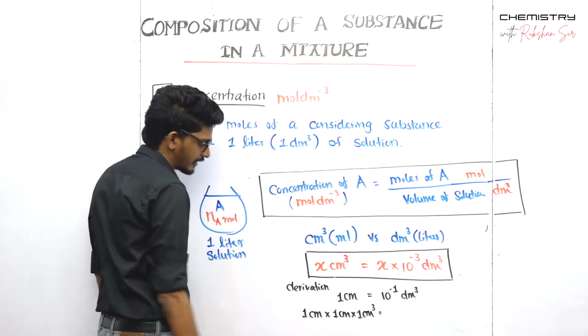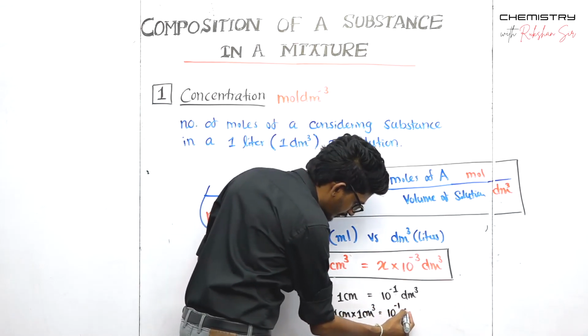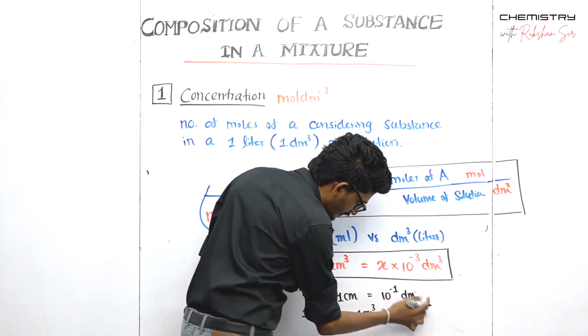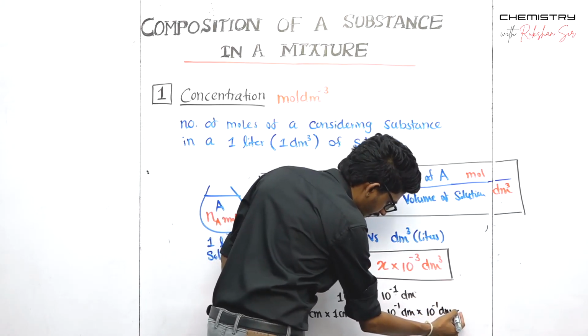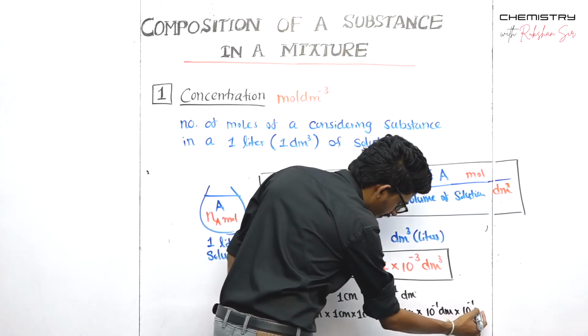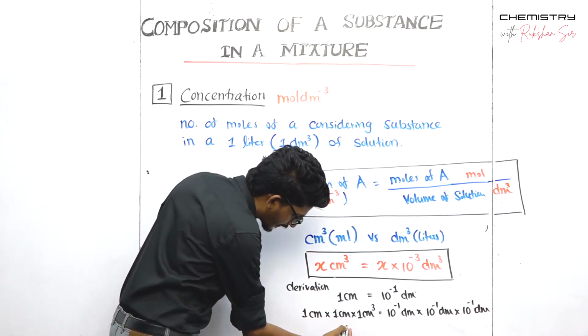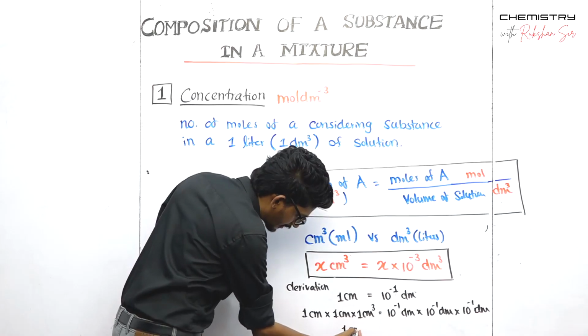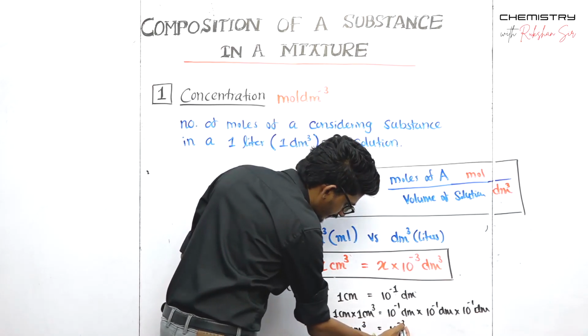So we write it as 10 to the power minus 1 decimeters into 10 to the power minus 1 decimeters into 10 to the power minus 1 decimeters. This gives 1 centimeter cube equal to 10 to the power minus 3 decimeter cubes.